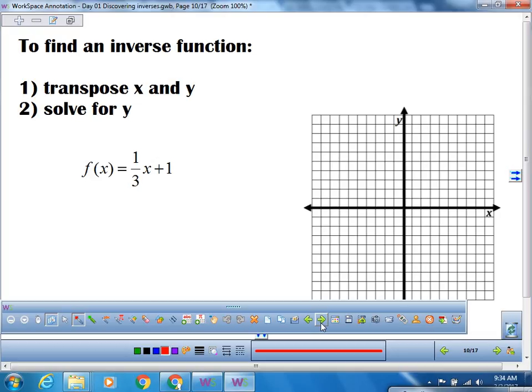I want g of x. You're right, you're good right there. I don't want you to graph it. I want to see the equation of g of x. I want to see its inverse.